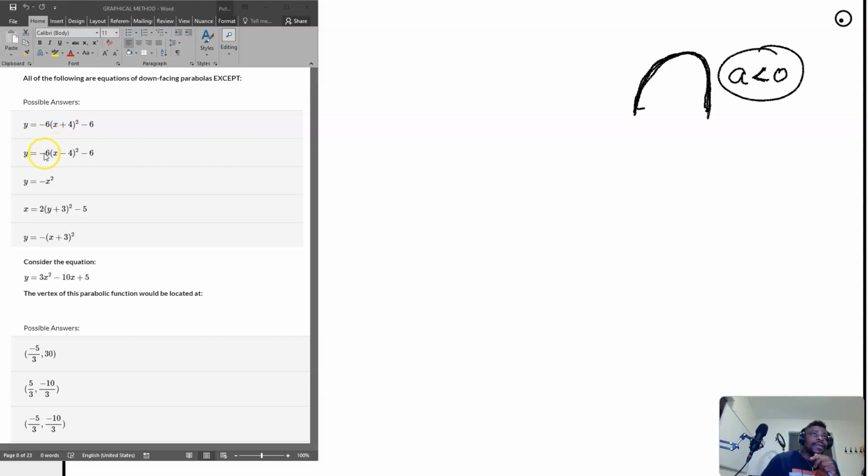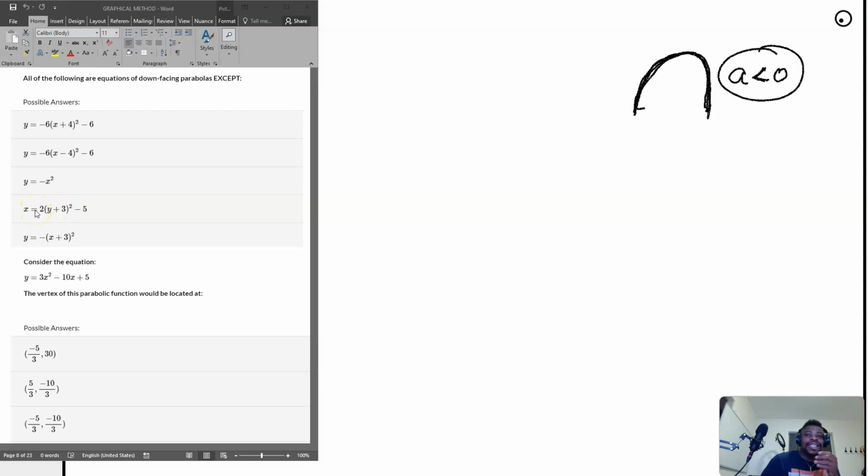The A here is minus 6, this is a down-facing parabola. The A here is minus 1, which is less than 0, this is a down-facing parabola. But this one here, you can see the function is inside here, so this is not an equation of a down-facing parabola.